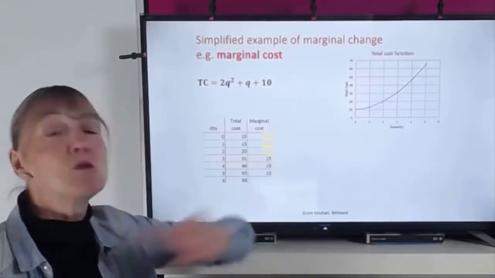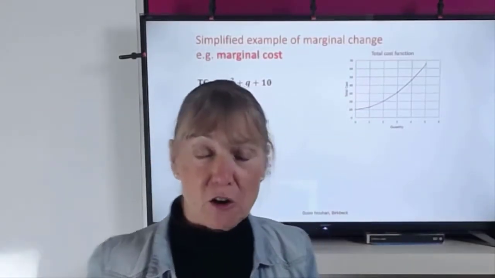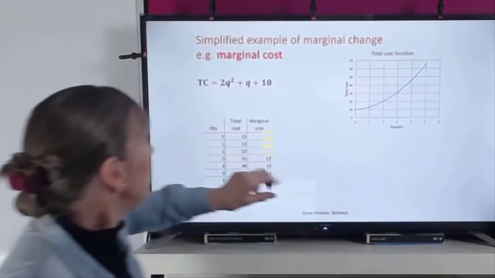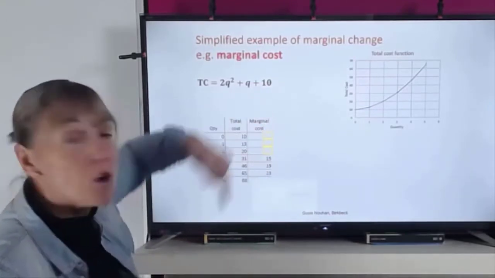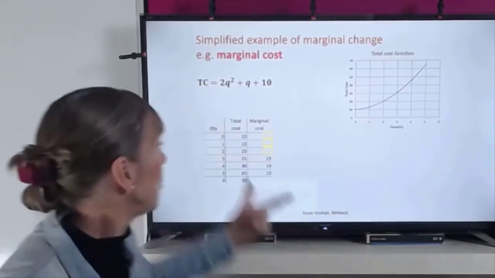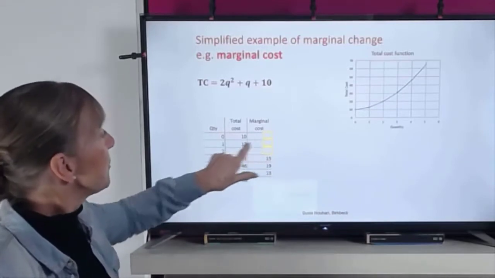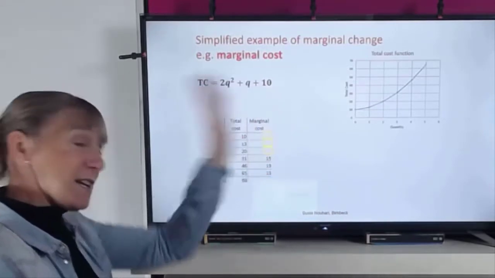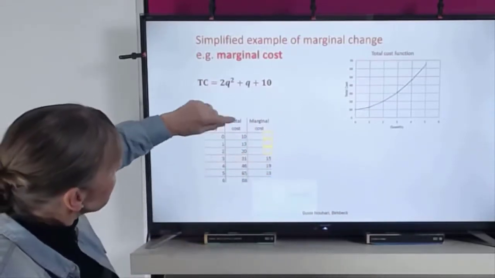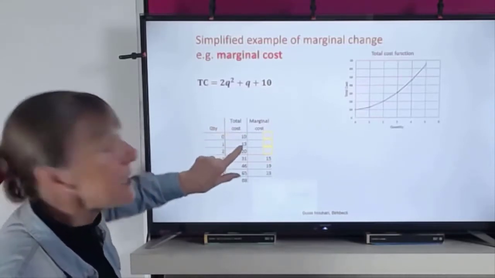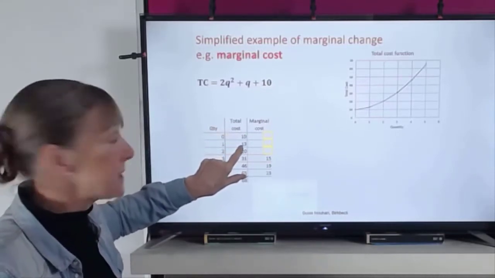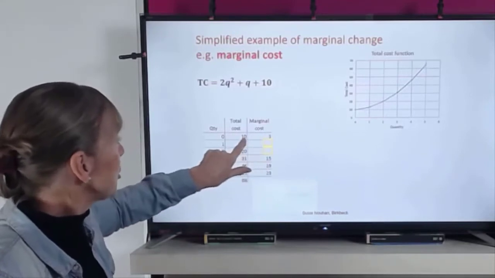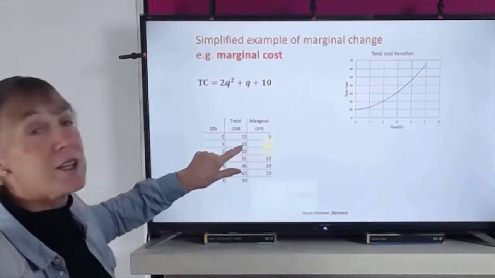Before you produce any, you've got a fixed cost of 10. But we're interested in what cost we will incur by producing one more at each of these levels. So the 10 is already passed. What's the extra cost in going from that level to here? Well, hopefully you can see that it's 3. The marginal cost at that level of producing one more is 3.